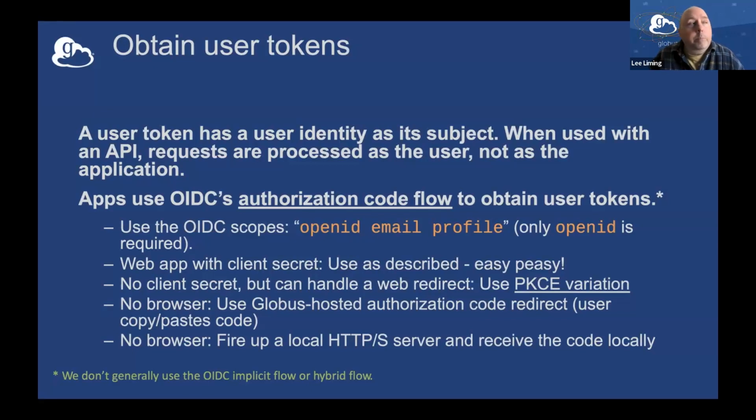When a person logs into your application, if you've said, I'm going to transfer files for them, query a search index for them, or run a flow for them, Globus will ask the person when they log in, will you allow this application to do these things on your behalf? They'll click yes, and you will get the access tokens that allow your application to do that. If they say no, then you won't get those access tokens, and you'll have to tell the person, I'm sorry, I can't do what I need to do for you because you didn't give me permission, and maybe give them another chance.